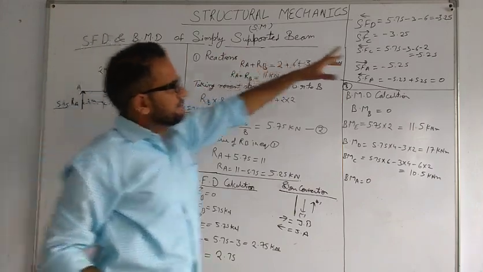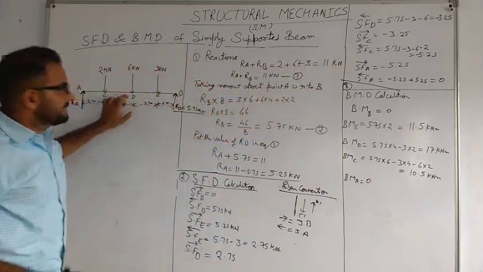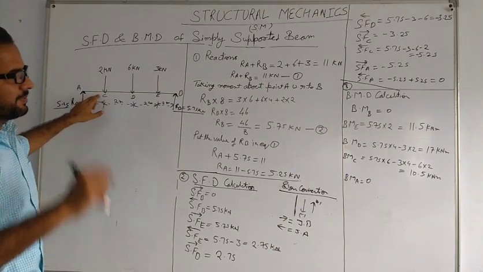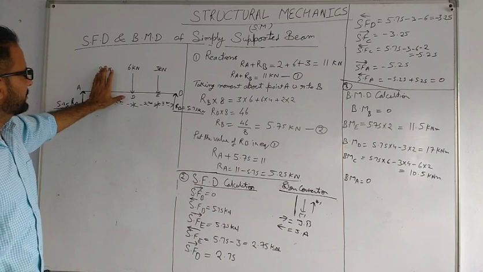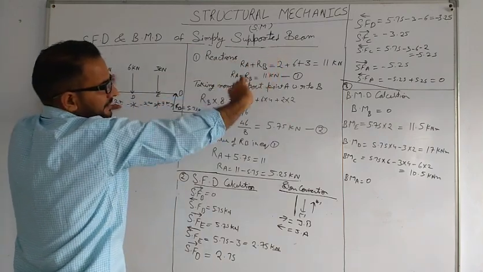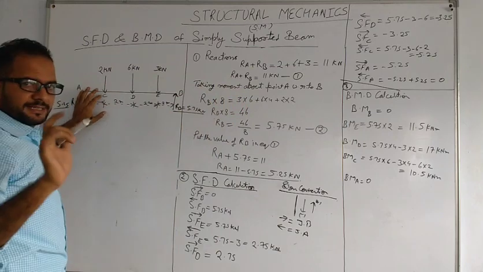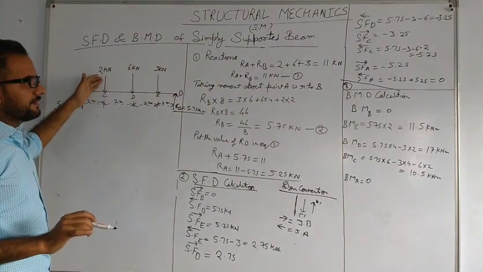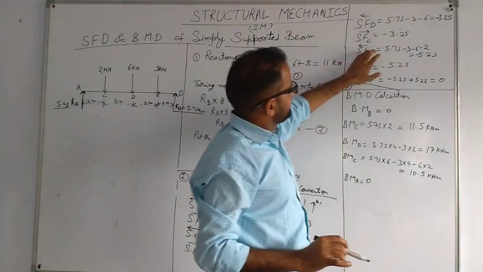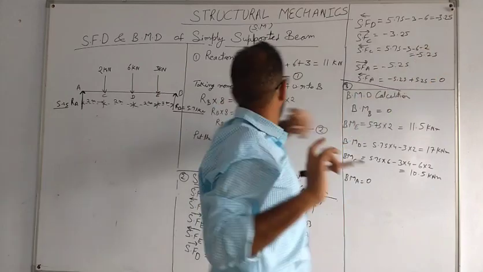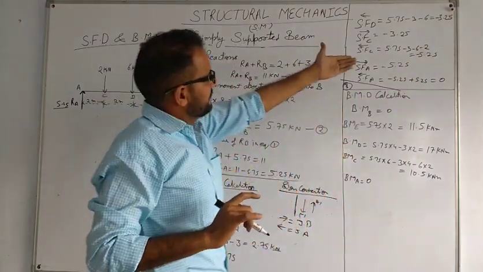So the algebraic sum is minus 3.25 at point D just after. The shear force at point C just before is again the same as at point D, 3.25. And the shear force at point C just after is 5.75 minus 3 minus 6 minus 2, which is minus 5.25.